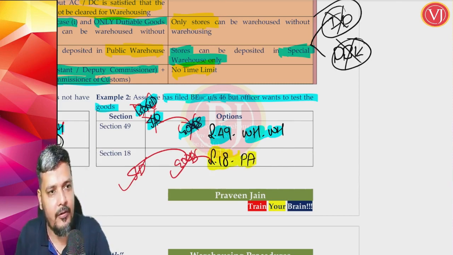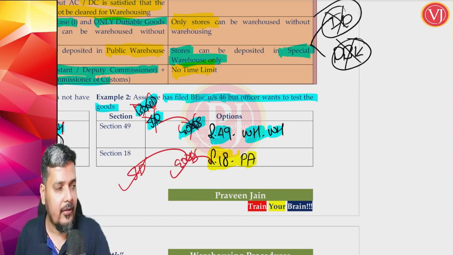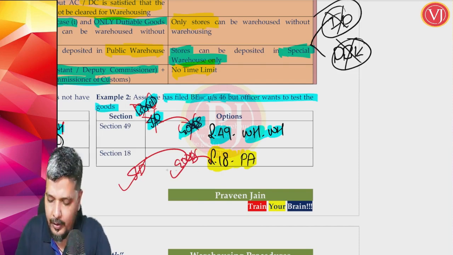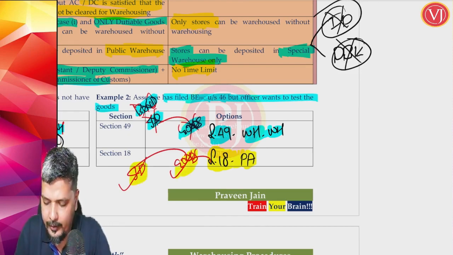Even the officer can go for provisional assessment. In GST, the officer cannot initiate provisional assessment, only the assessee can, like in the previous case. But in customs, even the officer can initiate provisional assessment: ask the importer to pay import duty and clear the goods.